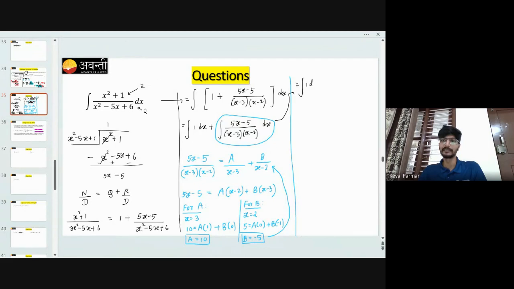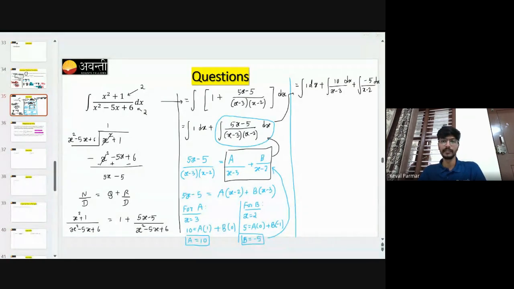Integration of 1 dx, which we all know, plus integration of a, we'll use this in place of this, so 10 upon x minus 3 dx plus integration of minus 5 upon x minus 2 dx. Right? And both these integrals are very simple.